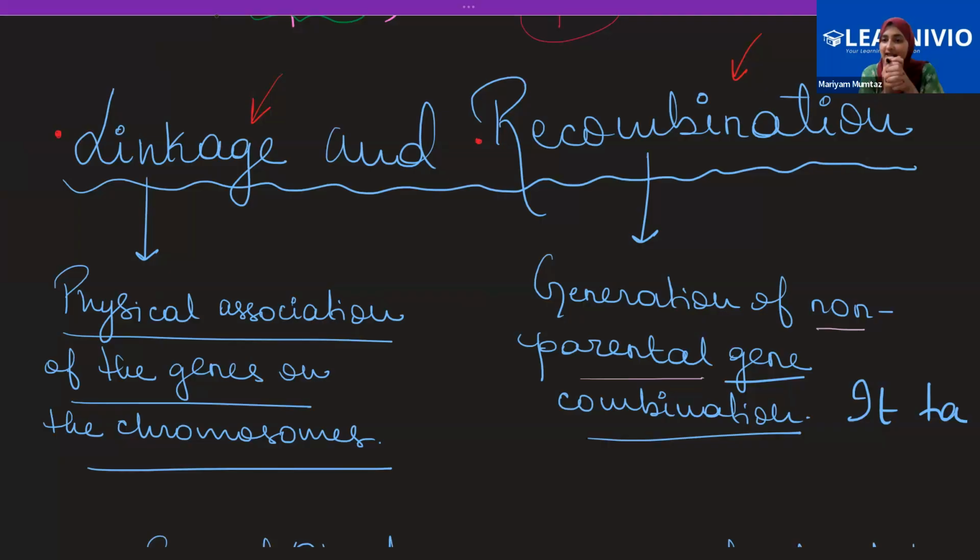They can be tightly linked on the chromosome, or loosely linked. And recombination is when a non-parental character or gene, a new combination, is made. It happens during crossing over.